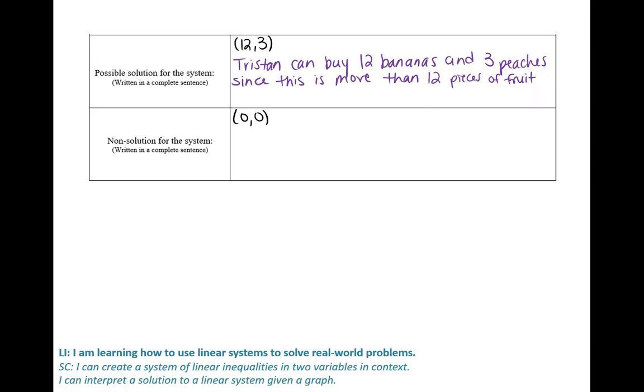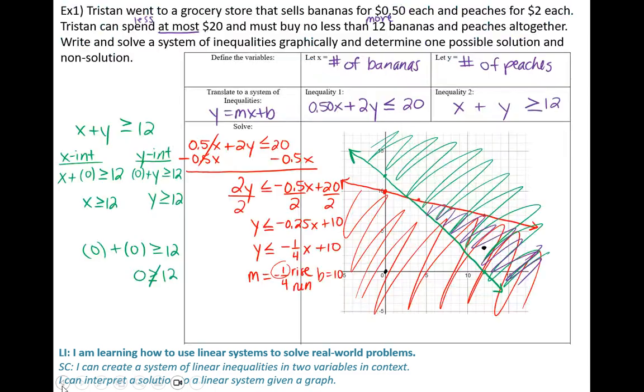So, or I could say bananas and peaches. So this is more than 12 pieces of fruit and will cost less than, and I already forgot the number, so I got to go back and look at the number, costs less than $20.